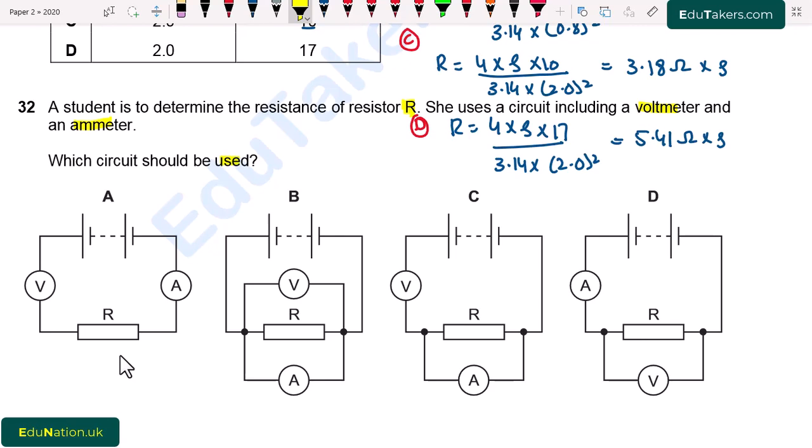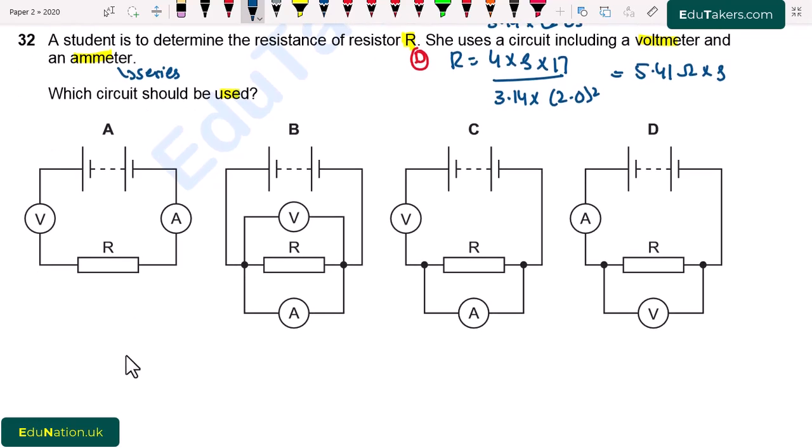Basically the voltmeter is used to measure the potential difference and it is always connected in parallel in the circuit, while the ammeter is always connected in series in the circuit. So from here we can see in A that the voltmeter and the ammeter are connected in series, so it is incorrect.